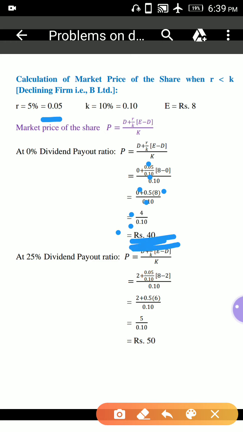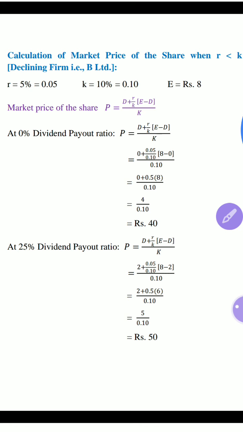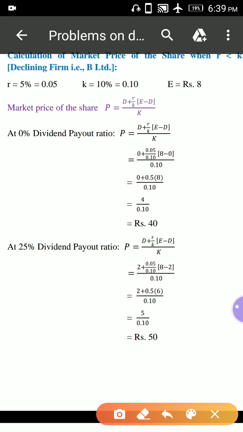Now the market price of the share at 0% dividend payout ratio when R is less than K is 40 rupees. Next, when the dividend payout ratio is 25%, the dividend is 2 rupees, so the D value will be 2. The R value will be 0.05 because R is 5%, and the K value will not change, 0.10. E is 8, minus 2, the dividend, divided by 0.10.